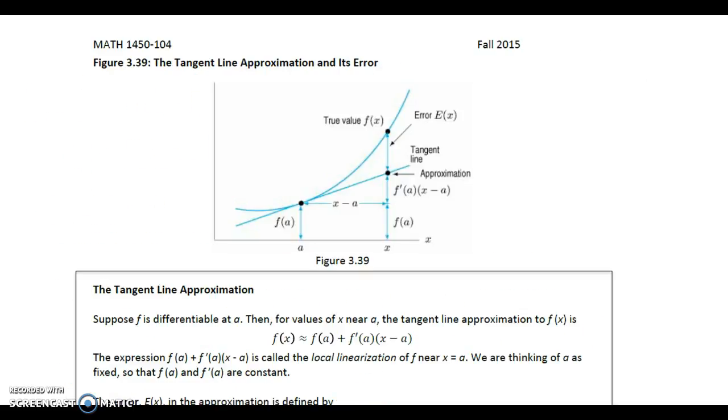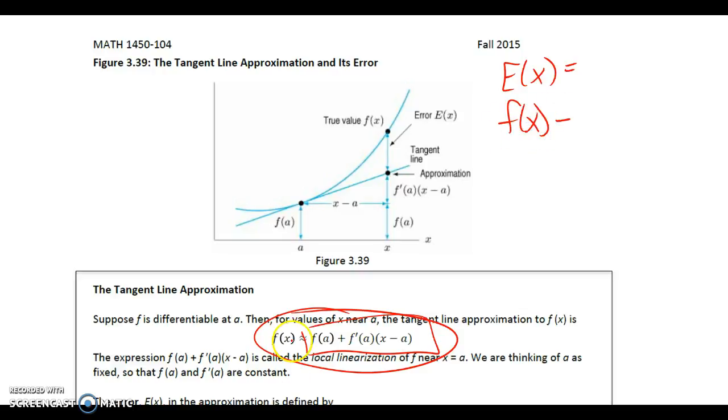Moving on. Now here's where he's showing you a new equation, right? So if we have the function at a and the derivative at a, we can find this equation. And I'm going to put the error equation up there. E of x is f of x minus the approximation, which is f of a plus f prime of a, x minus a.